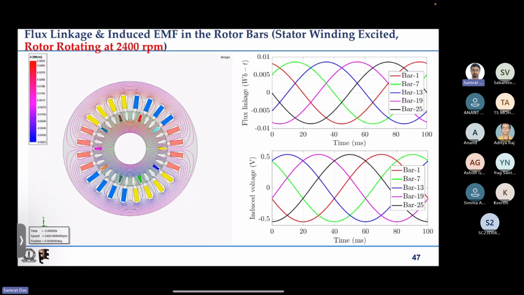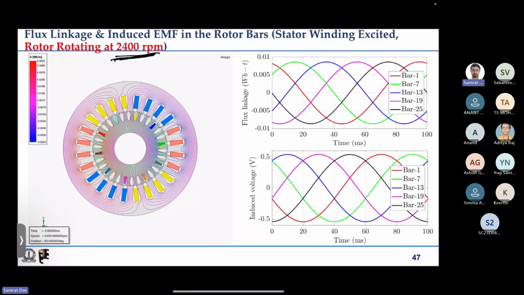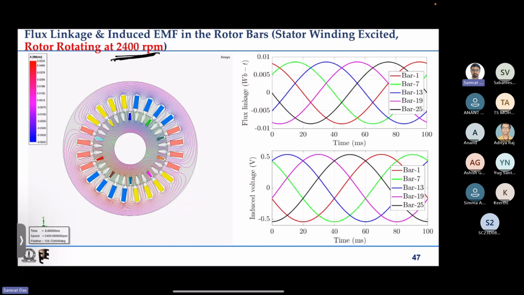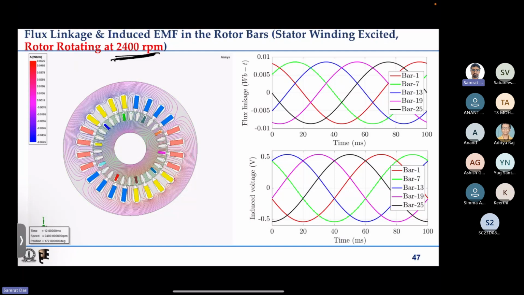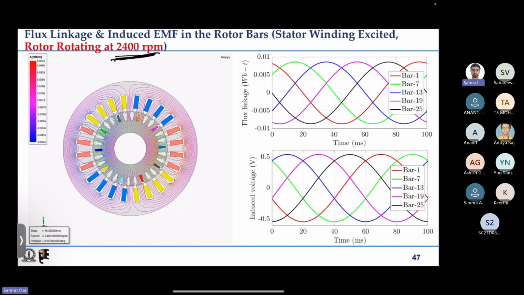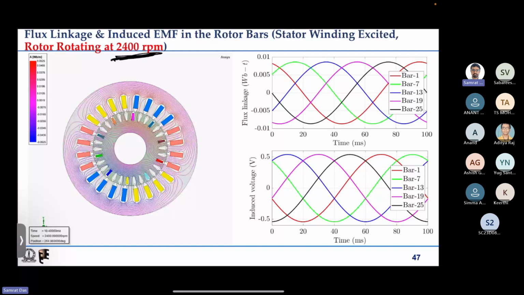What happens if the rotor rotates at 2400 rpm? Again, we have a stator magnetic field rotating at 3000 rpm, and the rotor is rotating at some speed.